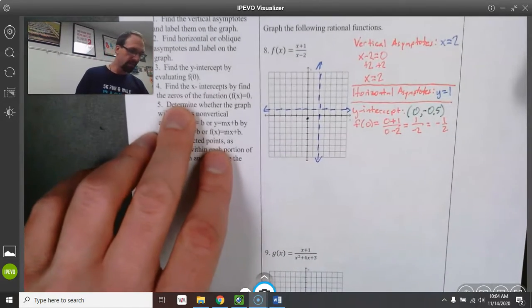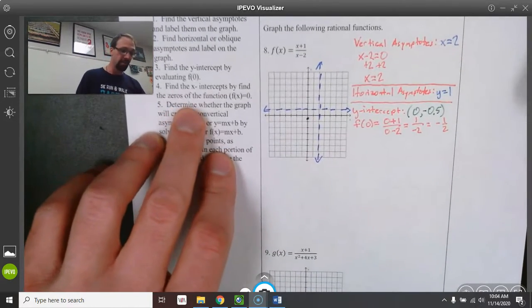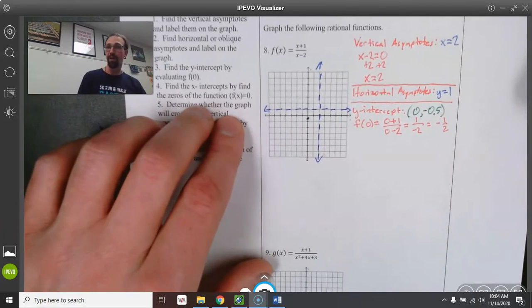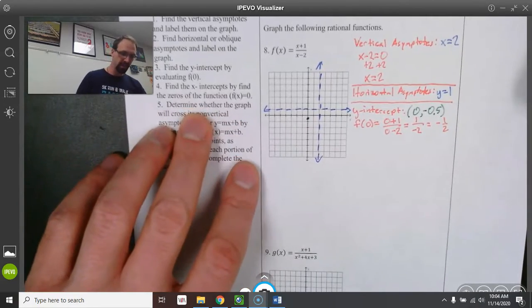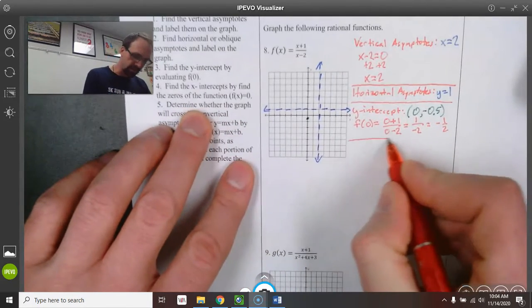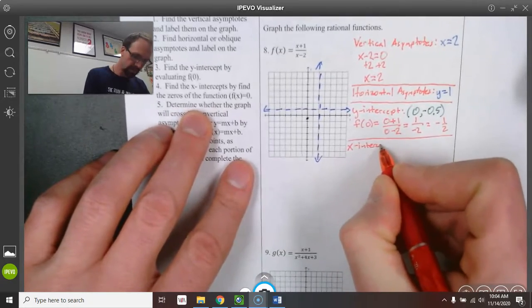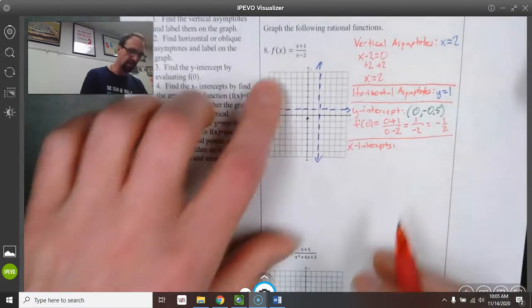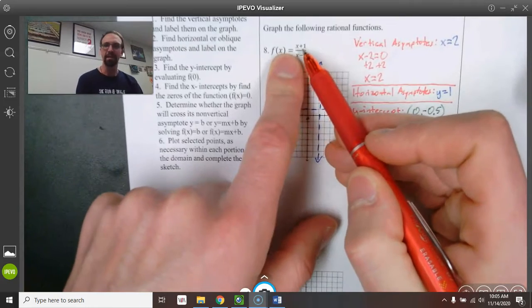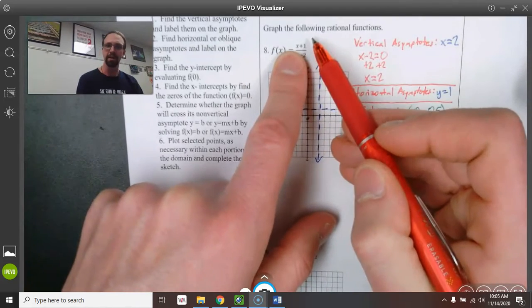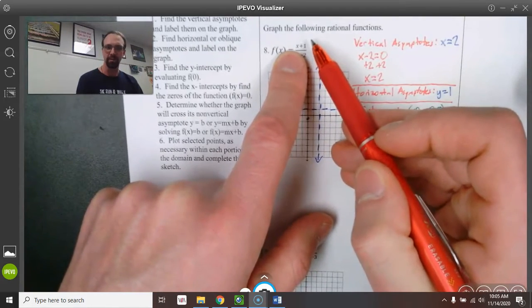Find the x-intercepts by finding the zeros of the function. So now we're setting y equal to 0 and then solving. Think about it in the general sense. For this to happen, I essentially have to have whatever the numerator is set equal to 0.